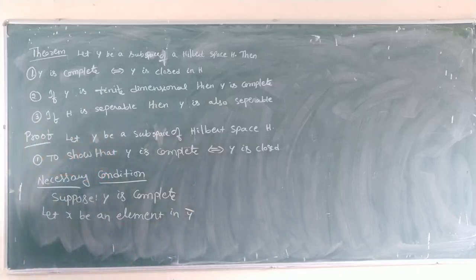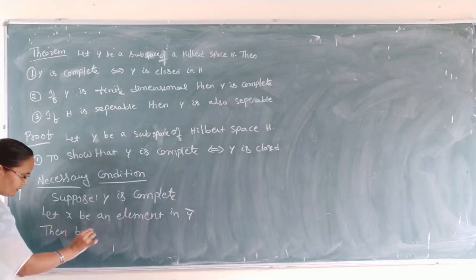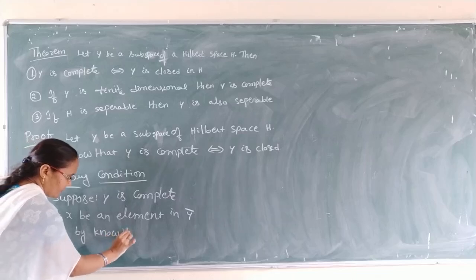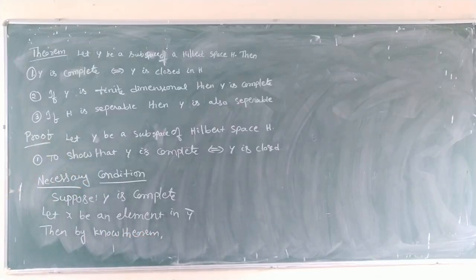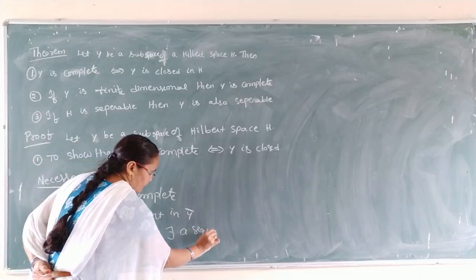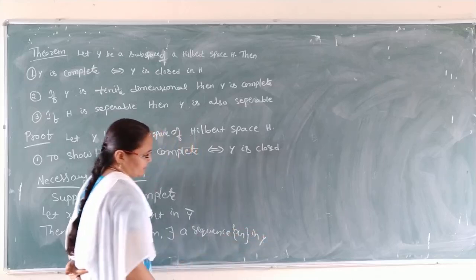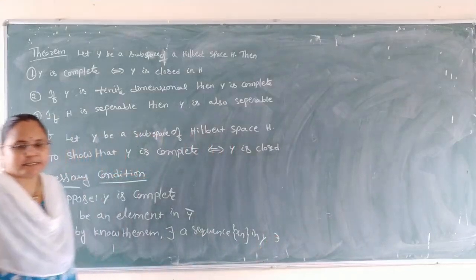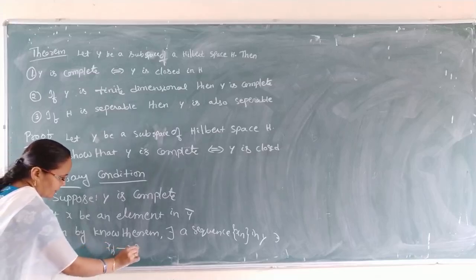Then by the known theorem, in unit 1, second topic, first theorem, which has 2 points, we apply our first point: there exists a sequence xn in y such that xn tends to x.